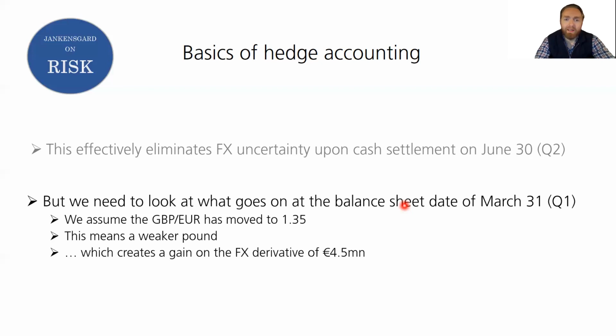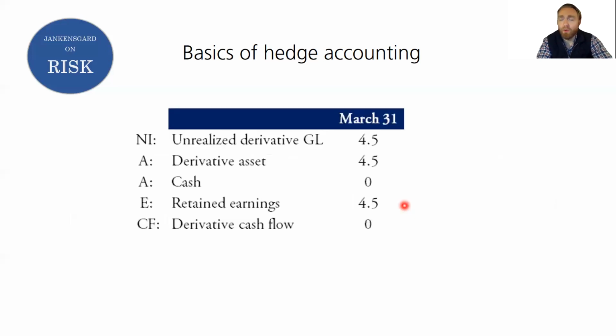So that must be a gain on the derivative because the derivative is designed to offset any losses on the business transaction. But this gain on the FX derivative has to be reported in the financial accounts according to standard fair value accounting. But there is no corresponding entry for the fair value change in the business transaction.